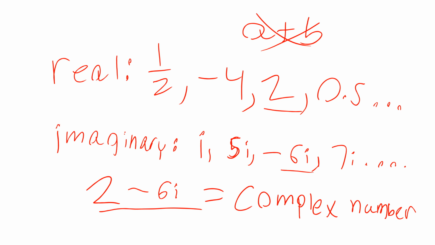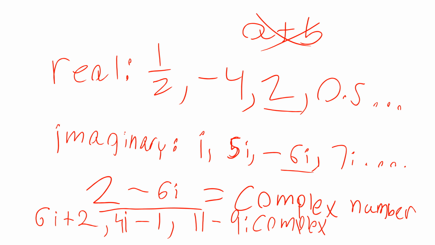So complex number, again, real and imaginary: I can have 6i plus 2, 4i minus 1, 11 minus 9i, and we can go on and on and on. These are complex numbers.